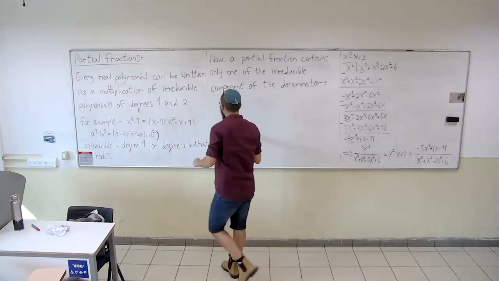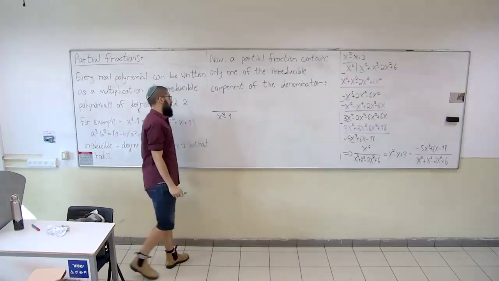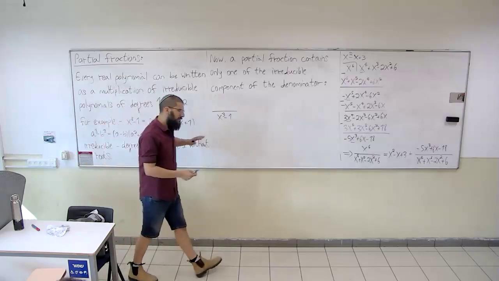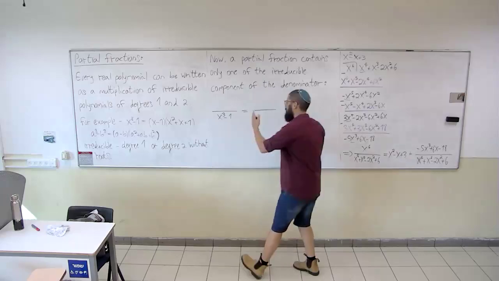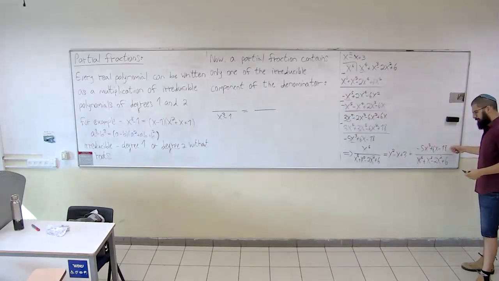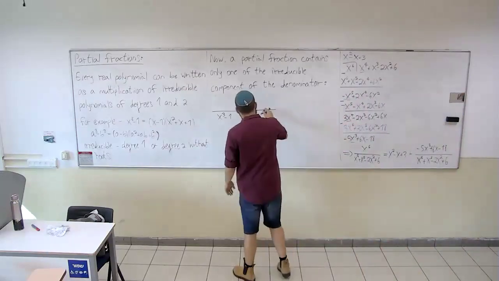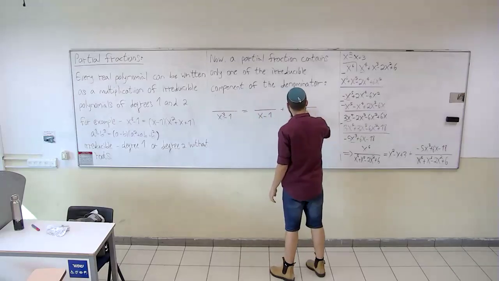For our example, let's say we have a fraction with x to the power of 3 minus 1 as the denominator. It doesn't matter what the numerator is for the concept. For the specific question, of course, it's important. As we already mentioned, the degree of the numerator is lower. One can get one fraction with x minus 1 as a denominator, and the second one with x squared plus x plus 1.